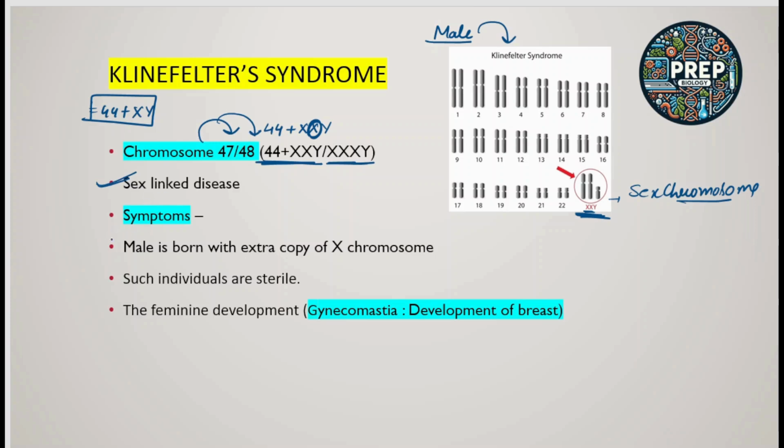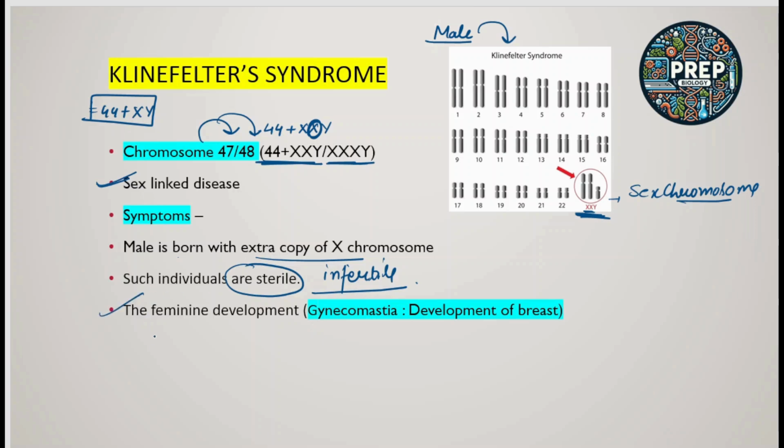What are the symptoms of Klinefelter disease? Males with Klinefelter disease are born with an extra copy of the X chromosome. These males are sterile, so they are infertile in nature and not able to produce young ones.